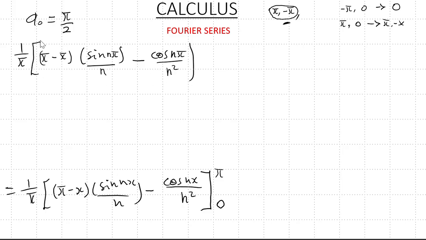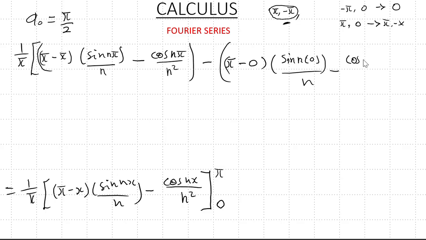So this is 1 term, minus pi minus 0, bracket open, sine n times 0, all divided by n, minus cos n times 0, all divided by n squared. Okay, so all into bracket. So this is what you are getting.